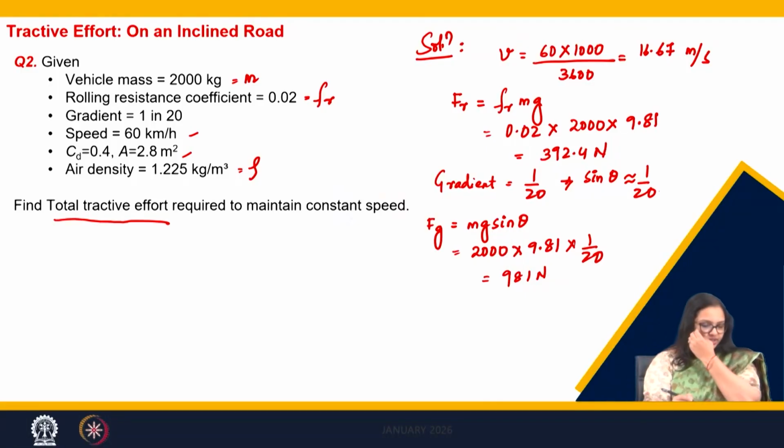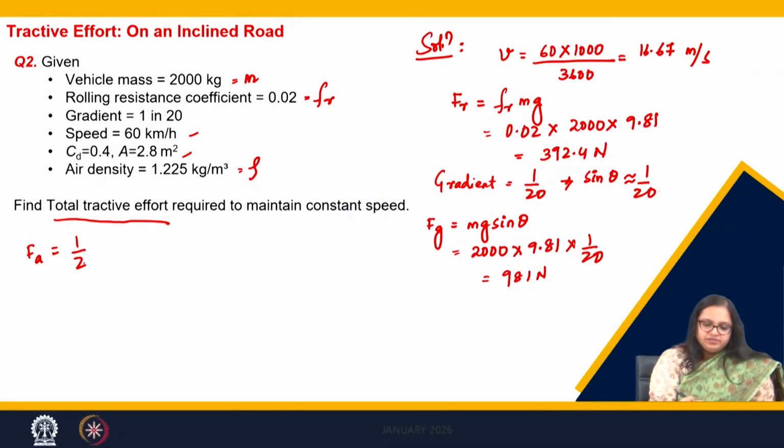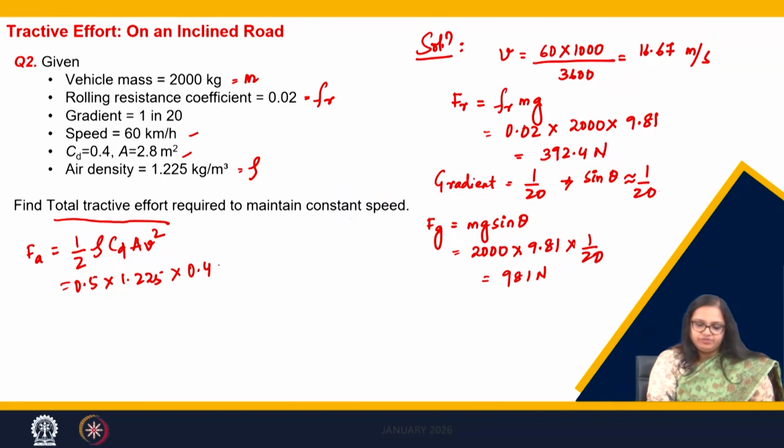We also have the aerodynamic resistance Fa, which is equal to half rho CD A V square, which is equal to 0.5 into 1.225 into CD given as 0.4 multiplied with 2.8 multiplied with 16.67 square, which is equal to 190.7 Newton.